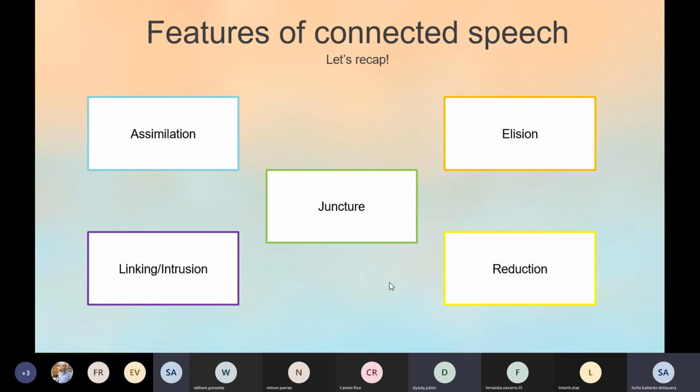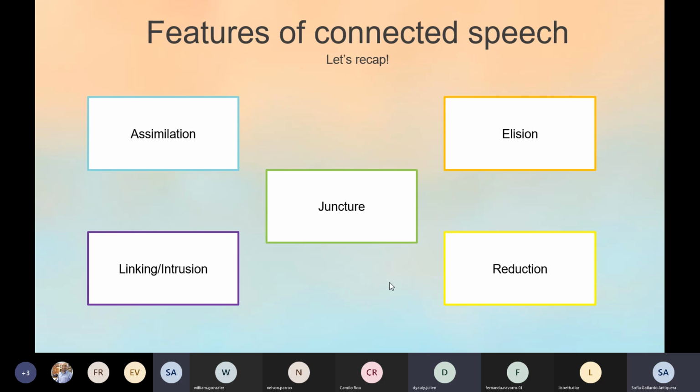Intrusion is when we have a word that ends in a consonant sound, and this consonant sound is not an R, but we have another word that ends in a long vowel, or I would say long O, for example, lower in order, we have to join those words together.